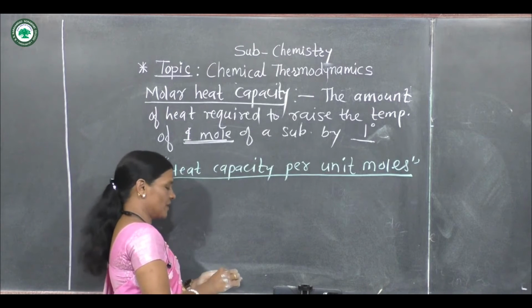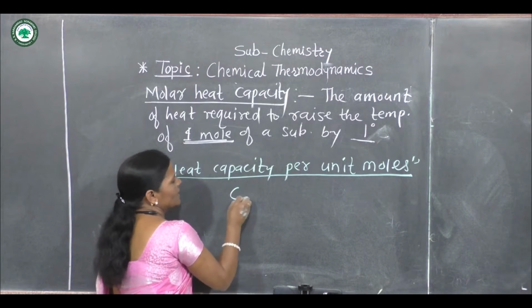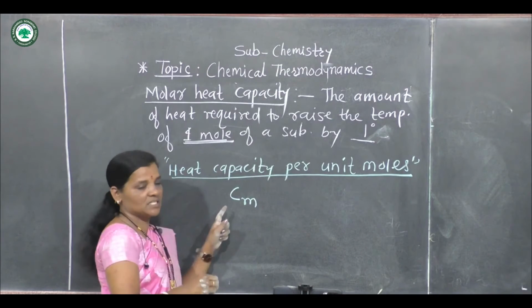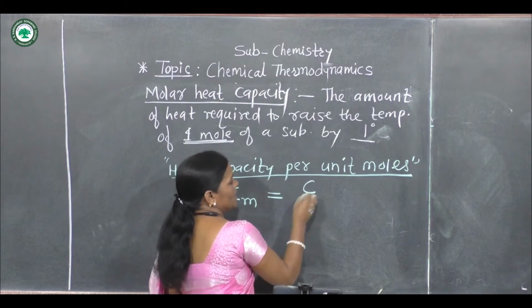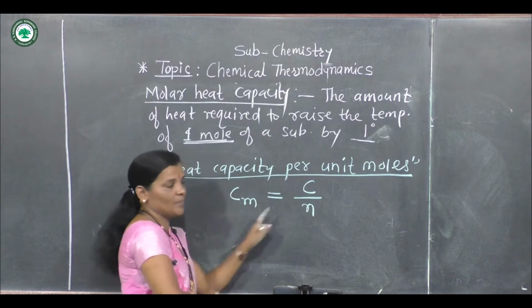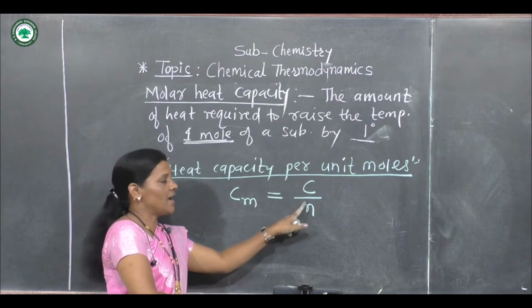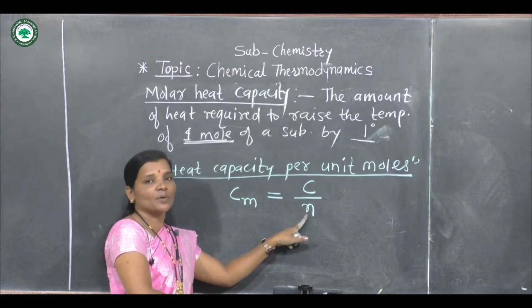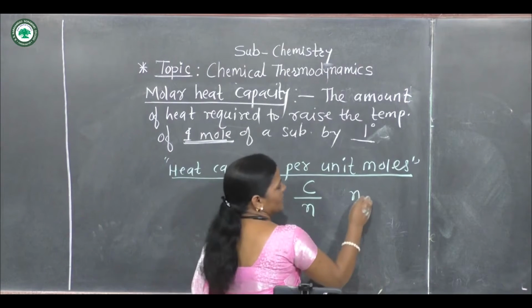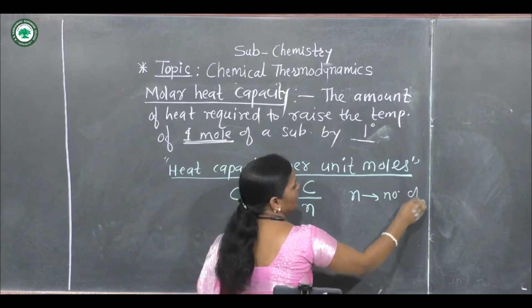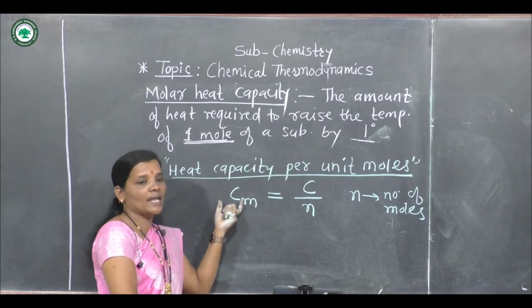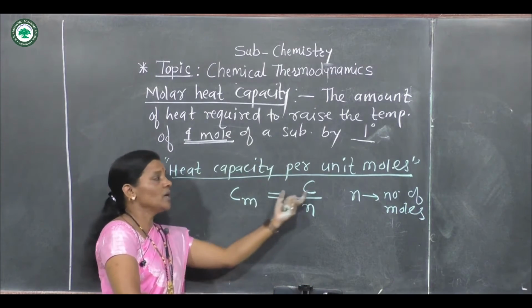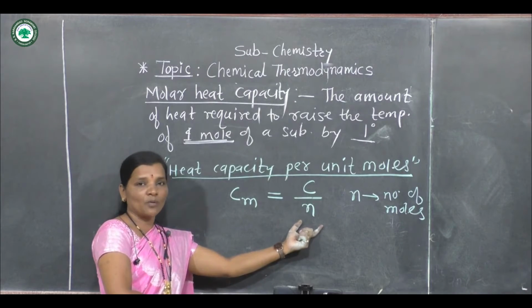So if we denote molar heat capacity by Cm, we can write Cm is equal to C upon N. C means heat capacity and N is the number of moles. So molar heat capacity Cm is equal to heat capacity upon number of moles.